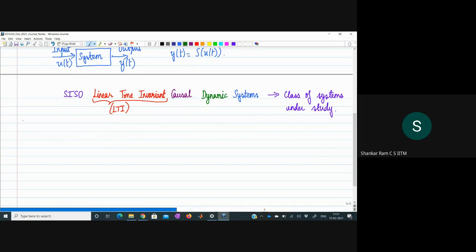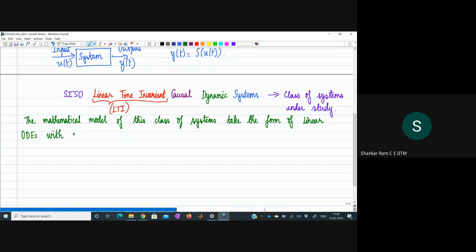So we are essentially going to look at this class of systems. And if you recall, the mathematical model of this class of systems takes the form of linear ordinary differential equations, abbreviated as ODE, with constant coefficients.